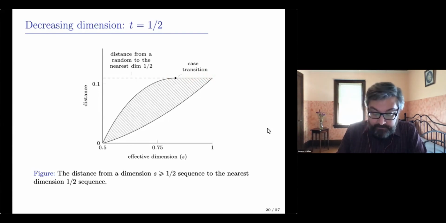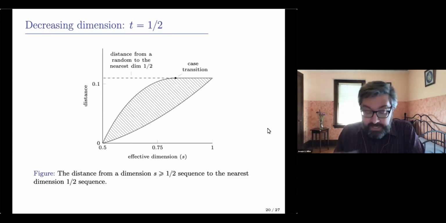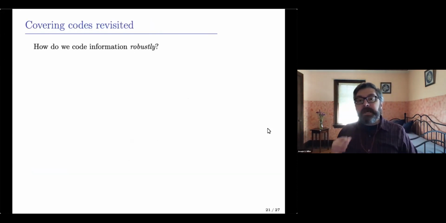And then once you hit the case transition, you can do better and better, of course. And the bottom is the same function we always graph, h inverse of s minus t, h inverse of s minus 1/2 in this case, the best case. Okay, so that's what that looks like. Now, where does that come from?